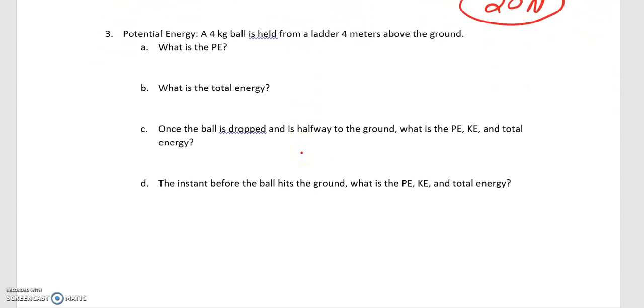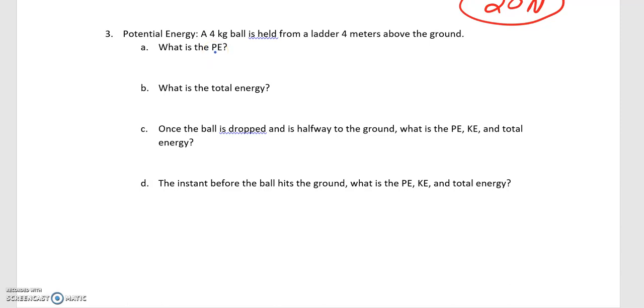Okay, and then the last question for this one was dealing with potential energy. I also threw in kinetic energy and total energy in there. So our situation is we have a 4-kilogram ball held from a ladder that's 4 meters above the ground. What is our potential energy?